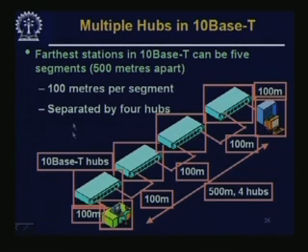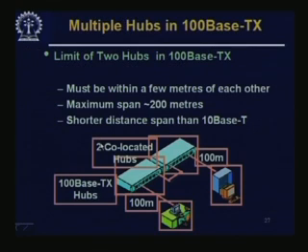As I said, you may have multiple hubs, one connecting to the other, and 4 of them in this arrangement. In 100BASE-TX, of course, there is a limitation that you can have a maximum of only 2 hubs and they must be within a few meters of each other. So the maximum span using these hubs is only 200 meters, which is shorter than 10BASE-T.